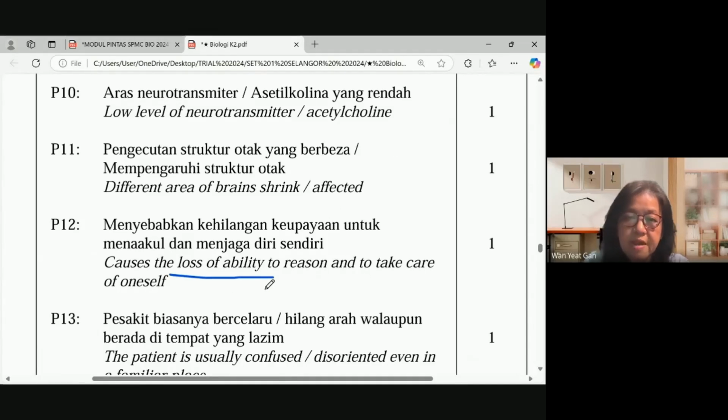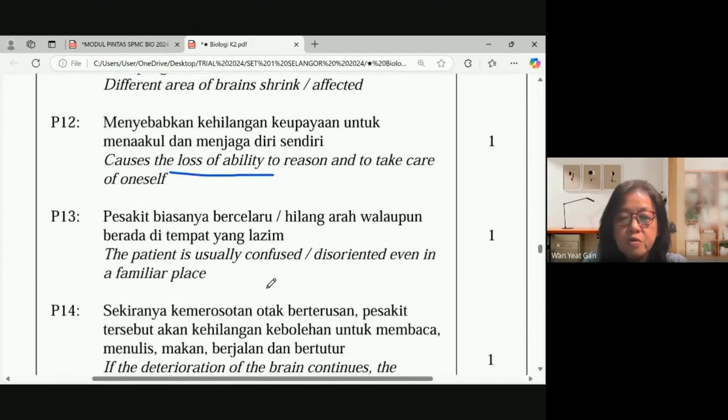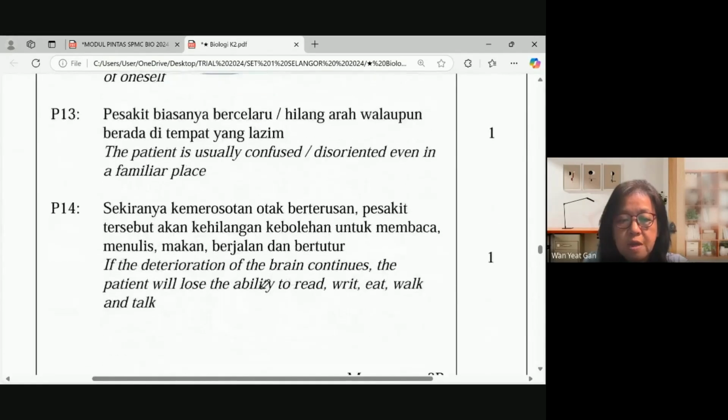So the person cannot reason, forgets how to even do simple tasks, and usually loses the ability to read, write, eat, walk, talk, because of the deterioration of the brain. They can easily get disoriented and find themselves lost in familiar places.